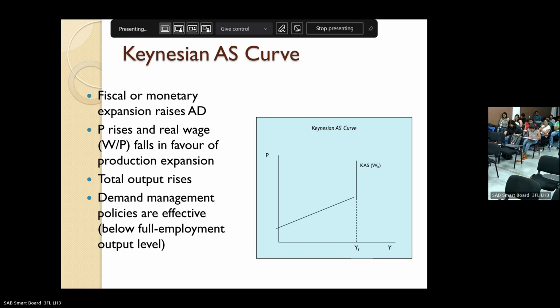So here, if we raise the demand, what happens? With a change in the demand side factors, national income rises. There is no change in the price, because Keynes assumed the economy is running with excess capacity. So if we raise expenditure, demand, supply is not the problem.